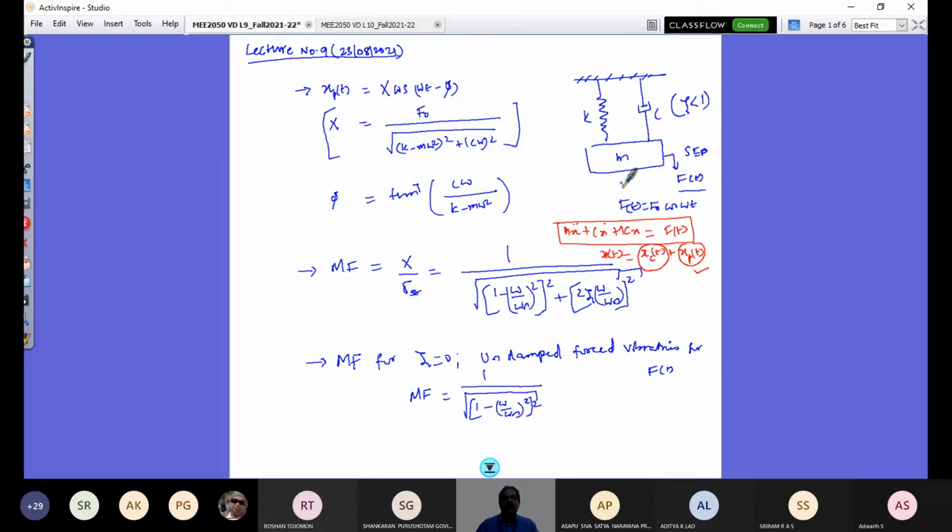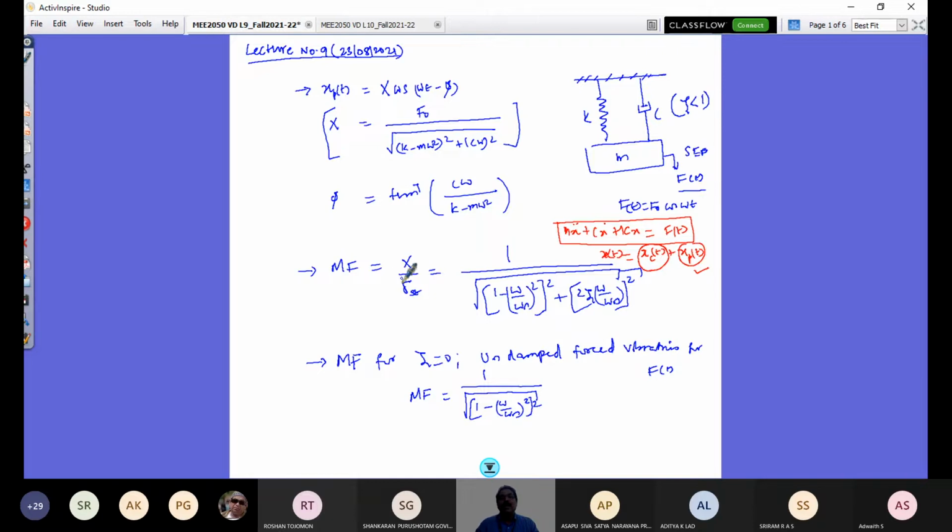This is all that background, and we were looking at the amplitude and phase, which are given by this expression. It can be derived and can also be easily remembered from its vector diagram representation. We importantly defined what is called the magnification factor, expressed in terms of non-dimensional ratios.